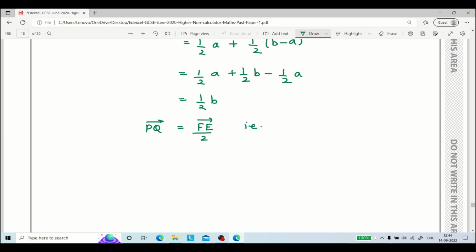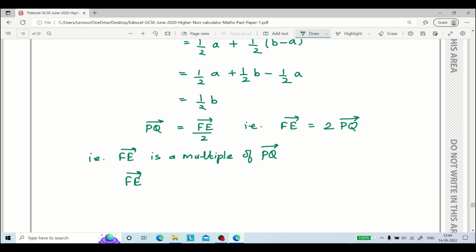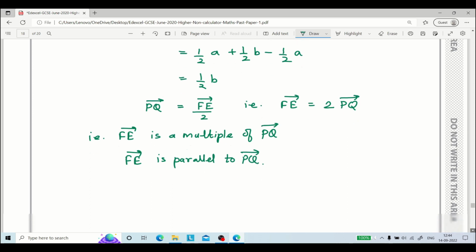That is, FE bar is twice of PQ. That is, FE bar is a multiple, if you're carefully observing, 2 into something, right? Multiple of PQ. This implies, based on the law, that it should be a multiple. You'll get FE bar is parallel to PQ bar. I hope that's clear. Any doubts pertaining to any of the questions right now?